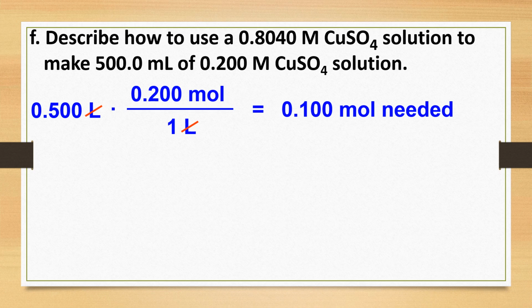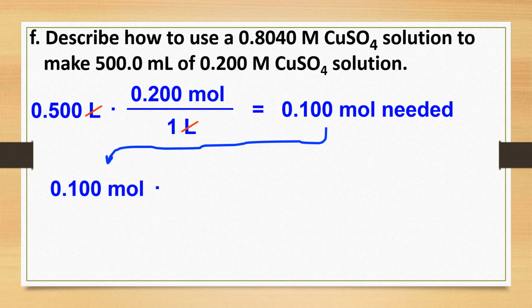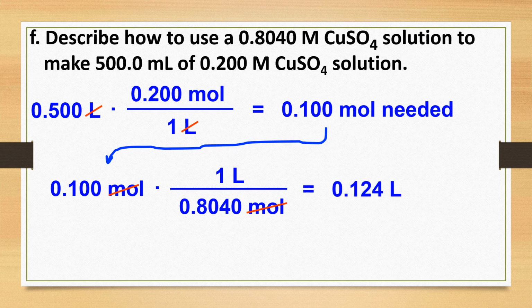And with the given stock solution, you are going to start with the small number and then multiply. But remember, this time for your concentration, you need to write the moles on the bottom, so it's 0.8040 moles on the bottom per liter on the top, to cross off your moles and give your new volume for the dilution.